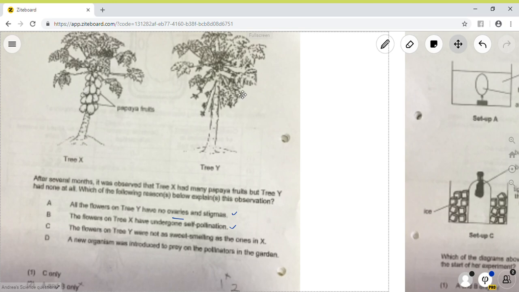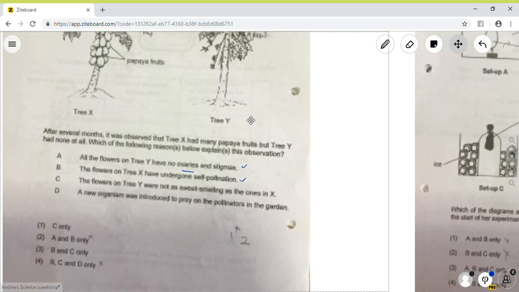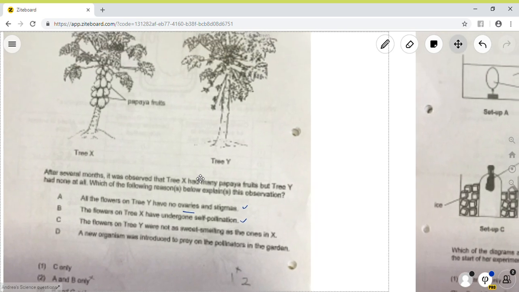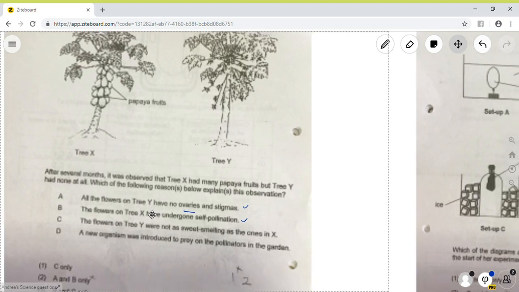There are no fruits. Which of the following explains this? Tree X had many papaya fruits. For tree X to have a lot of papaya fruits, it definitely needs flowers, and then they have to be pollinated to become fruits. So pollination occurs here, and over here there is no pollination.